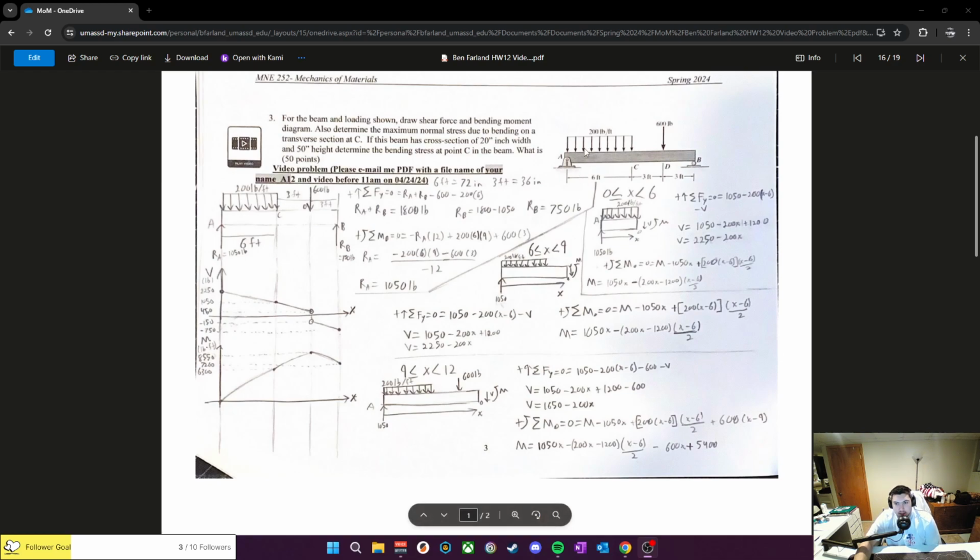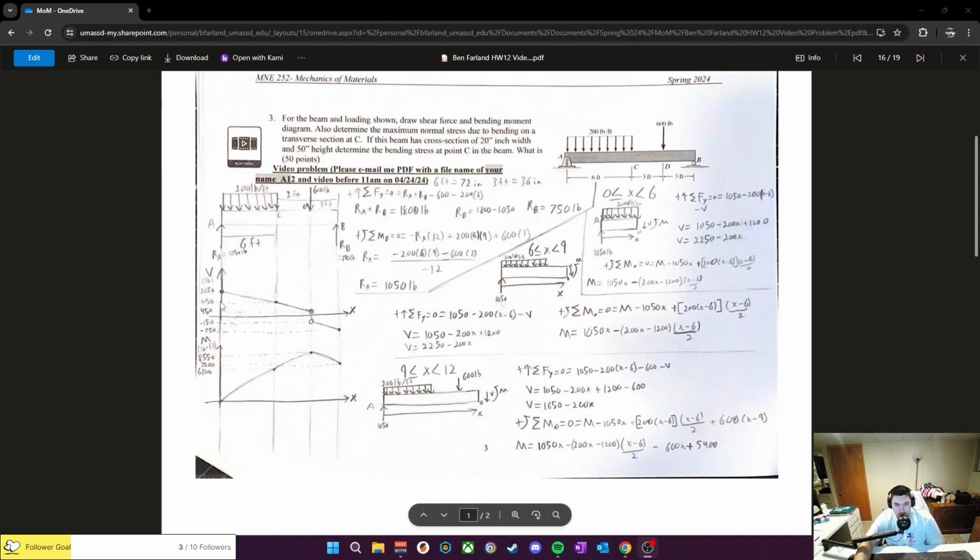It's 200 times (x minus 6) because of the distributed load, and then minus V. Once we solve for V, we find that V is equal to 1,050 minus 200x plus 1,200, which is a total of 2,250 minus 200x.